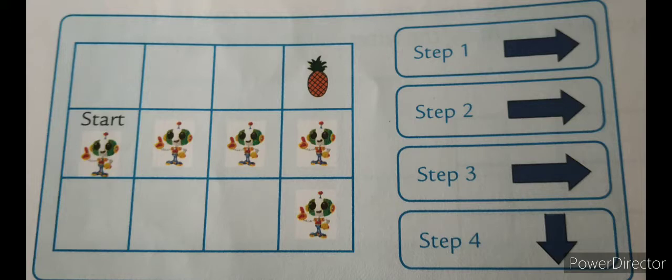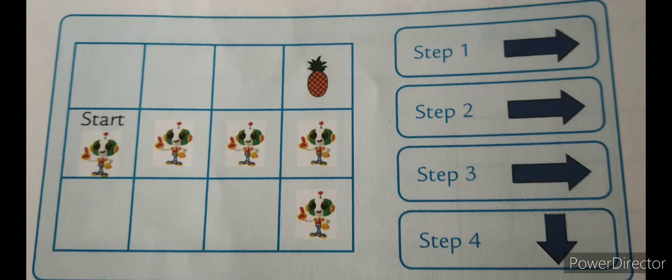So let us see how to find a particular bug. As you can see in the picture, there is a pineapple and Robbie wants to eat that pineapple, or to reach that particular fruit. The instructions are step 1 right, step 2 right, step 3 right, and step 4 down.